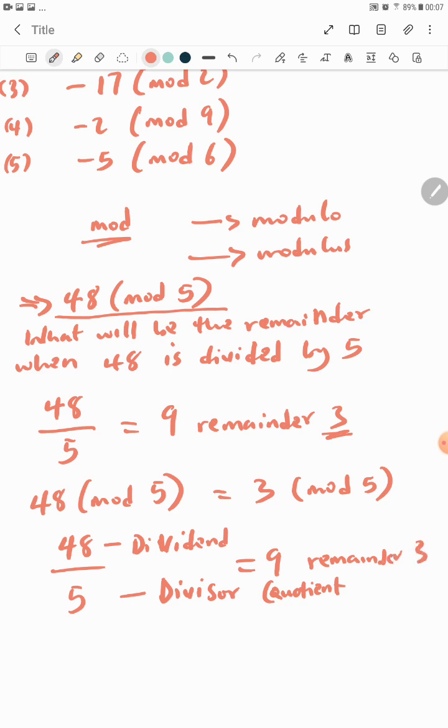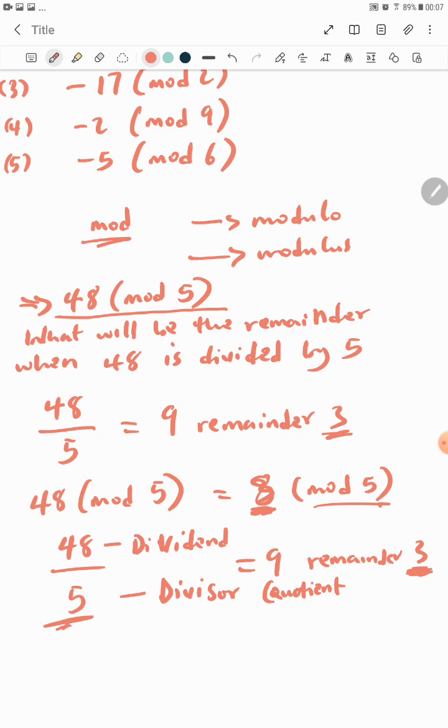Now what you will notice is that our remainder is usually less than the divisor. That's another thing I want you to take note of. The remainder must always be less than the divisor. In other words, when you are working in mod 5, the answer you will have here must be less than 5. If we have 8 here, mod 5, definitely we have not gotten to the final stage.